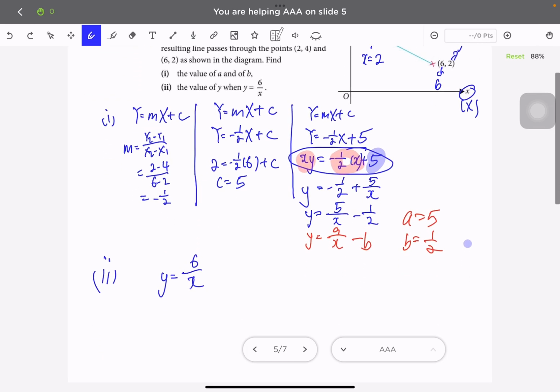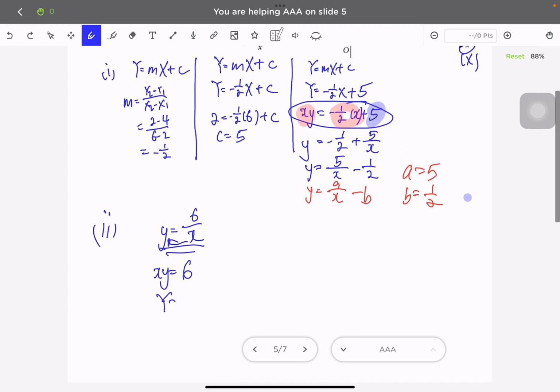Now when I am given this equation, I want to find the value of y. If I move my x over, xy will be equal to 6. This is my big Y, equals to 6. Based on the straight line equation, big Y equals negative half big X plus 5, and big Y is equal to 6.